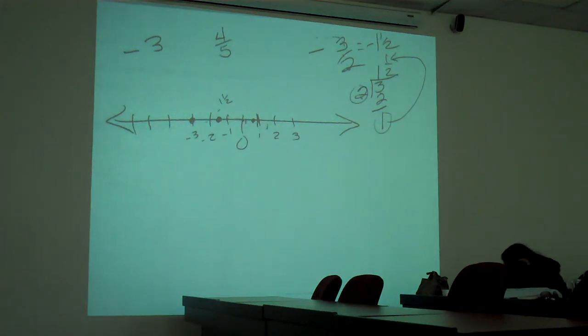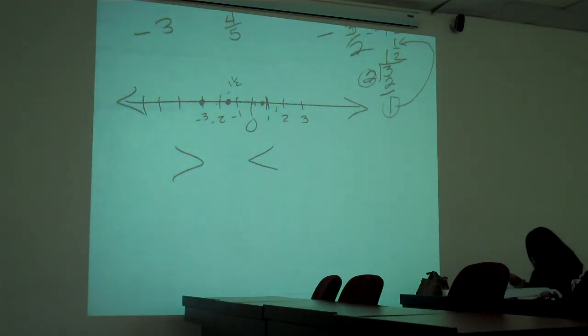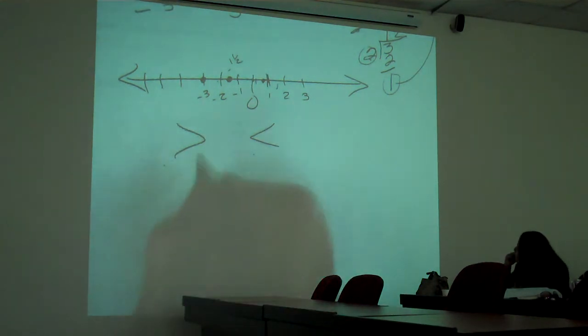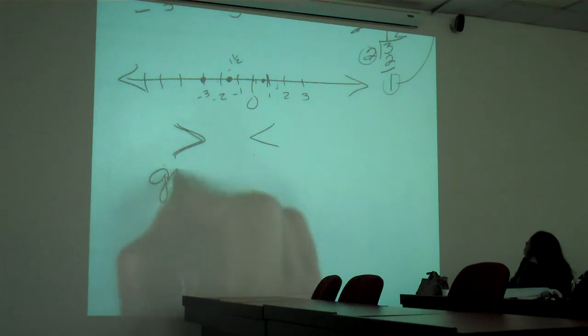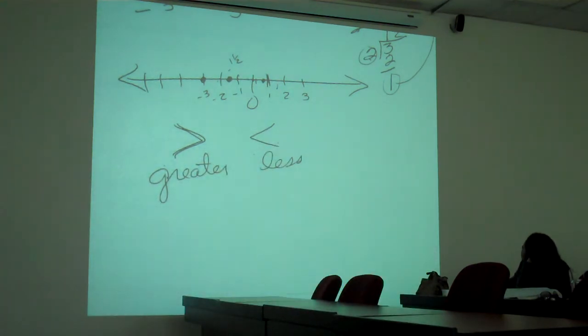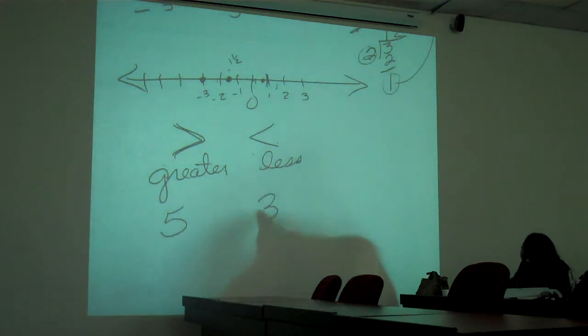Okay? How about if something is greater or less than? Do those signs get you mixed up every once in a while? Not really? There's usually at least one person in a class, and usually more than one, that don't remember which one of these is greater and which one is less. This one is greater, and I'll tell you a way to remember that. This one is less. Okay, think about the numbers like 5 and 3.